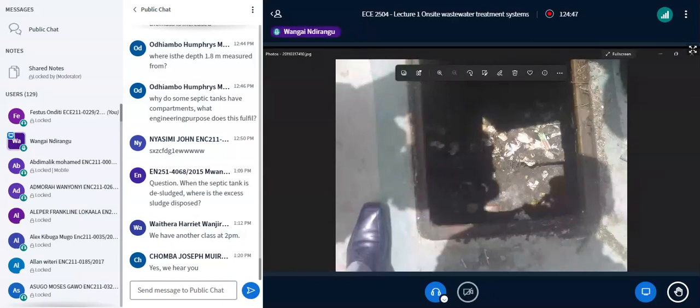You can see Colgate and a lot of papers. The disposal of solids. This is a top-notch hotel, so it just exemplifies what we have in many places.